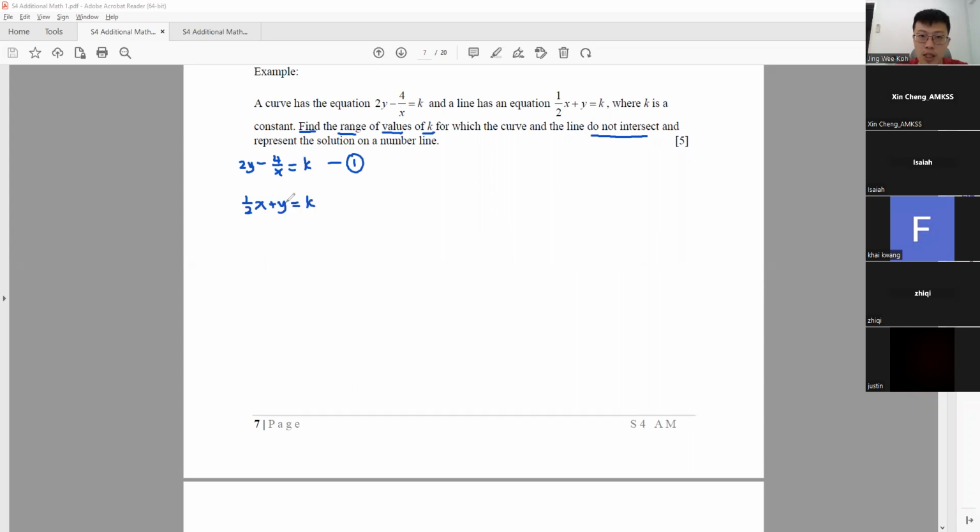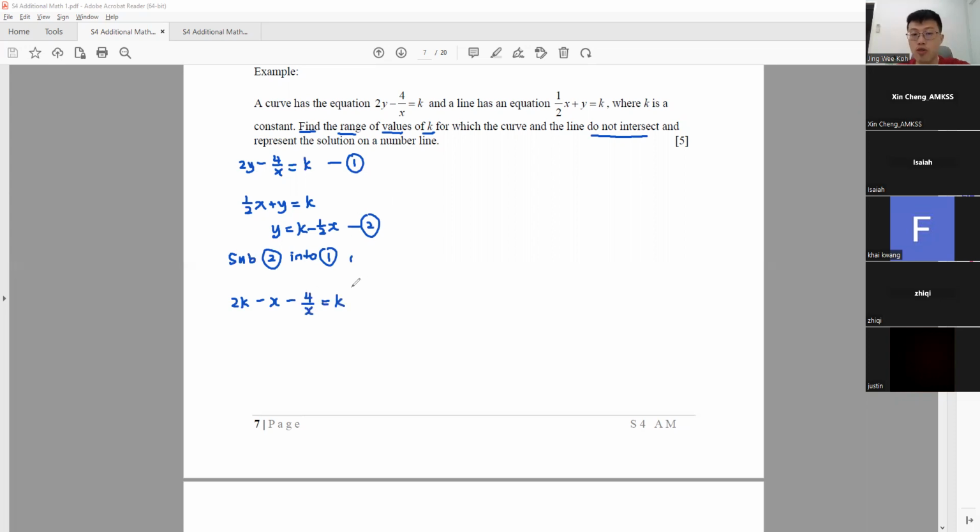I think I make y the subject, so y equals k minus half x. So now we assume the two graphs intersect. So when I sub it in, I have 2k minus x, I sub inside here, minus 4 over x equals k.